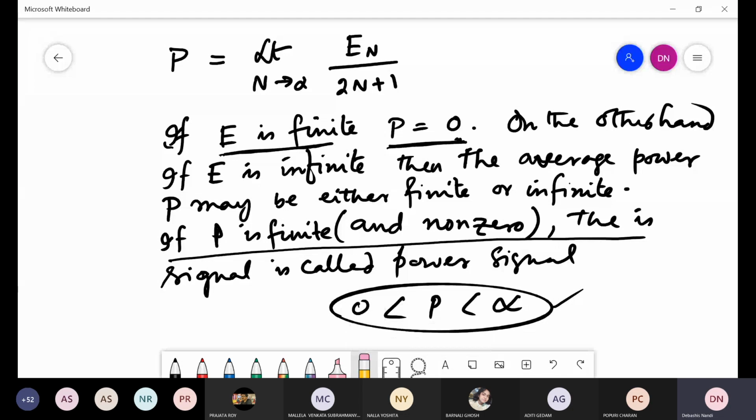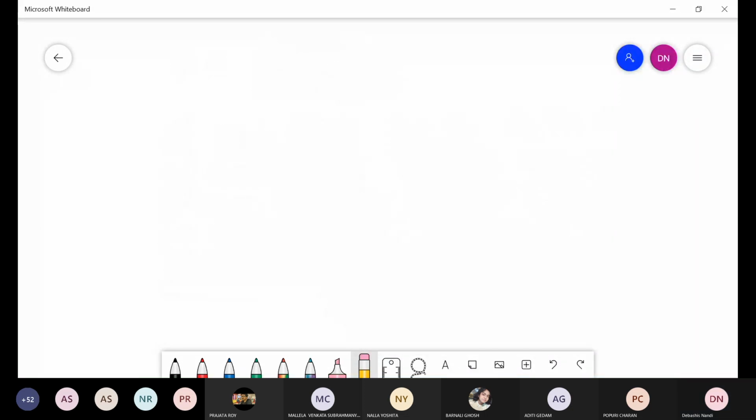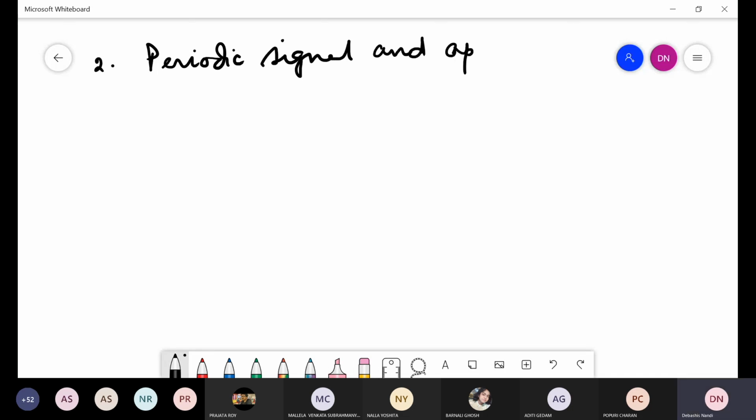Now, the next classification will be done based on periodicity. So number 2, periodic signal and aperiodic signal.